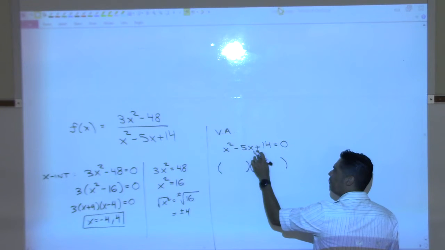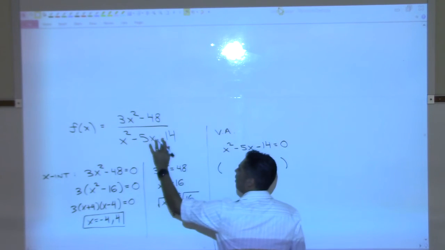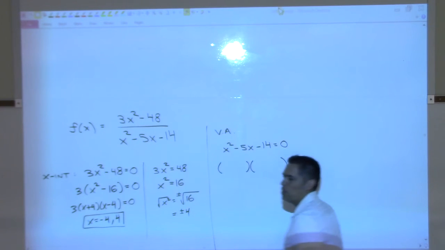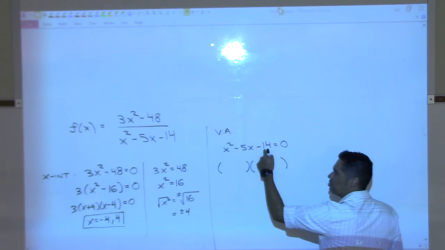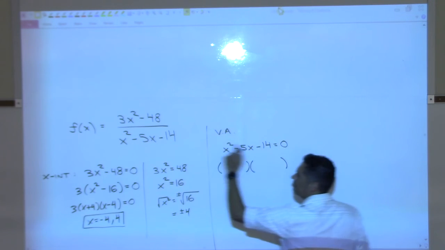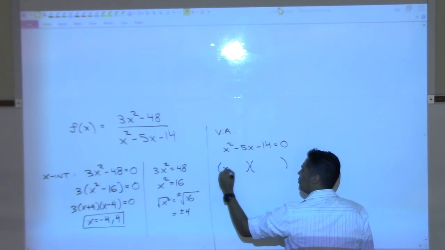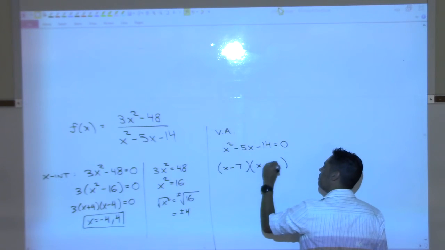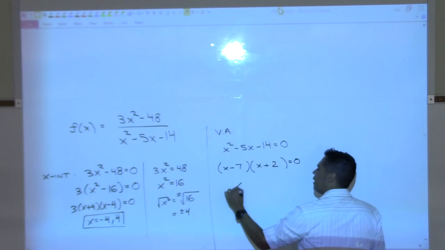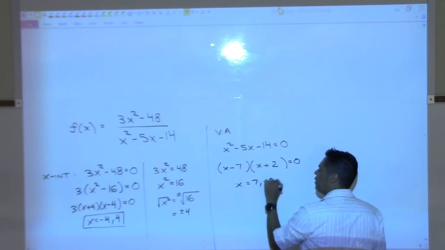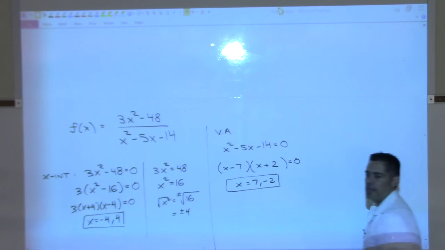Is it supposed to be minus 14 here? Yes. Oh, I wrote it down wrong. I apologize. Because plus 14 wouldn't factor, so that would have been trouble. So make sure you fix that, make it a minus there. So it should be (x minus 7)(x plus 2). Either way you do it, quadratic formula or factoring, you should get two answers, 7 and negative 2.